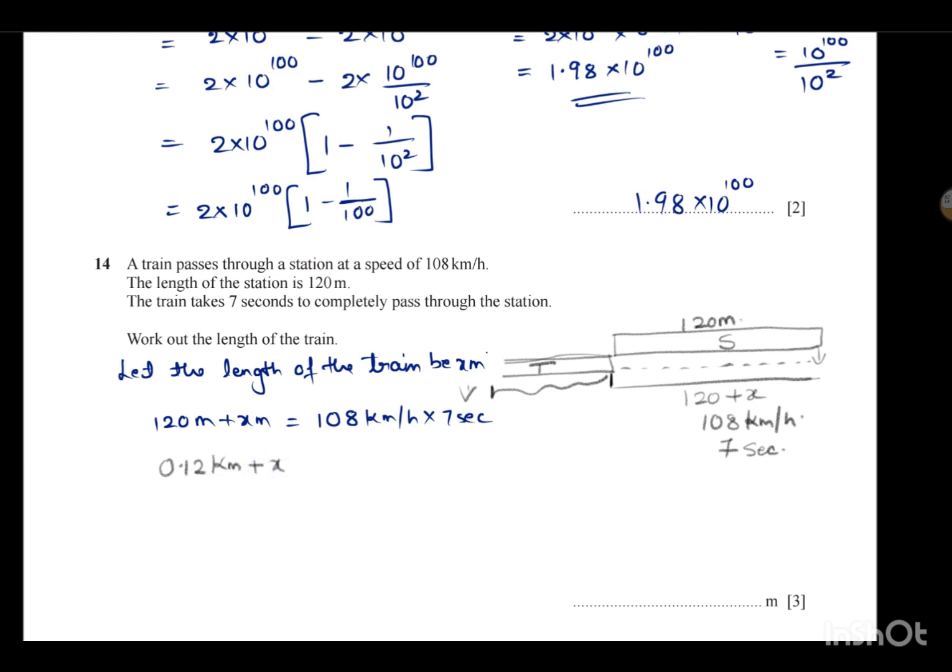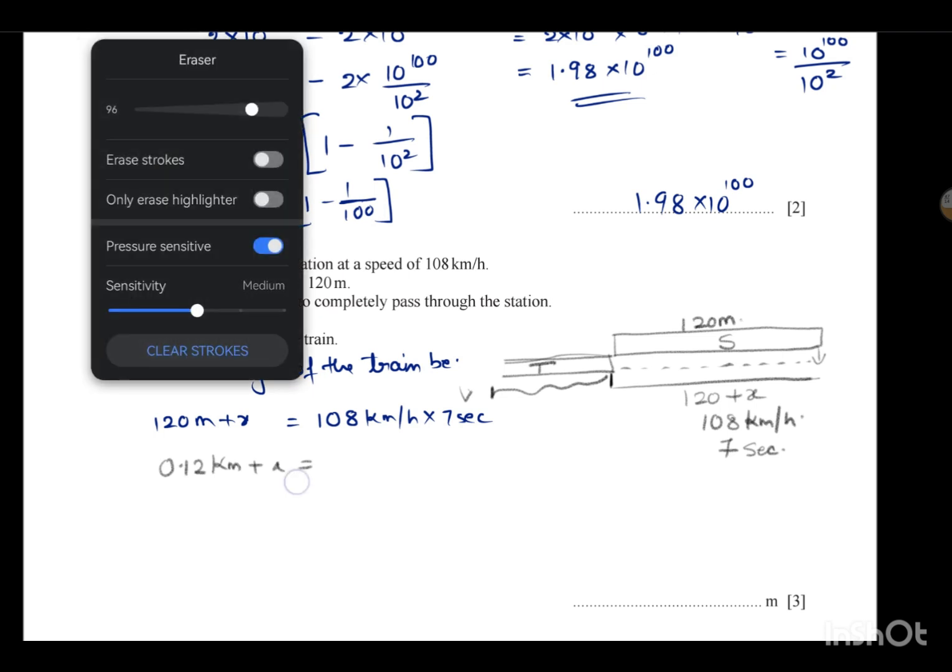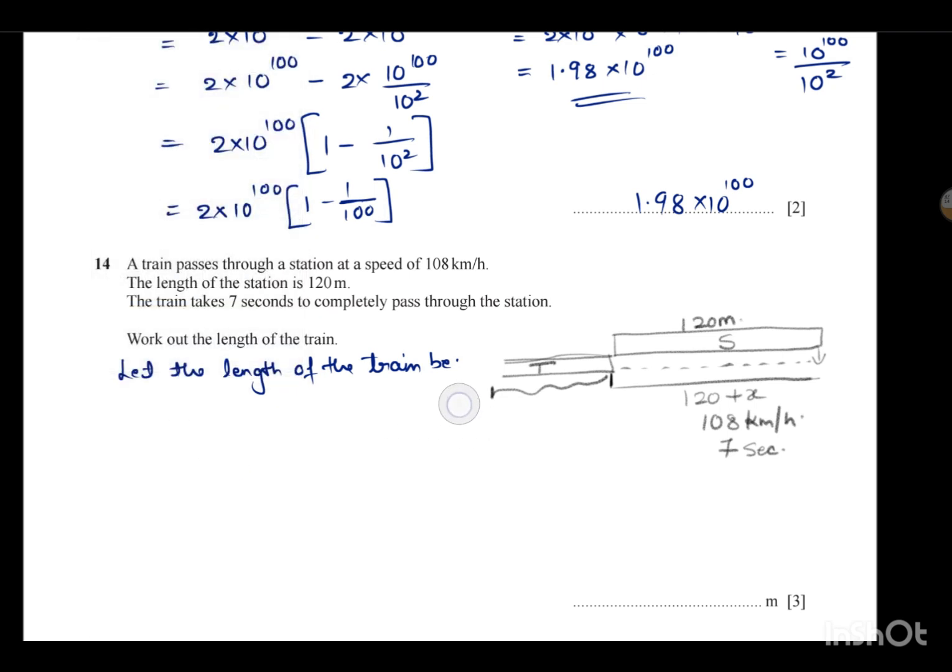plus x, let us take that as kilometers only, because if I convert this into kilometers again it will be a confusion. So let us just only convert. Let me write here 120 meters is equal to 0.12 kilometers.